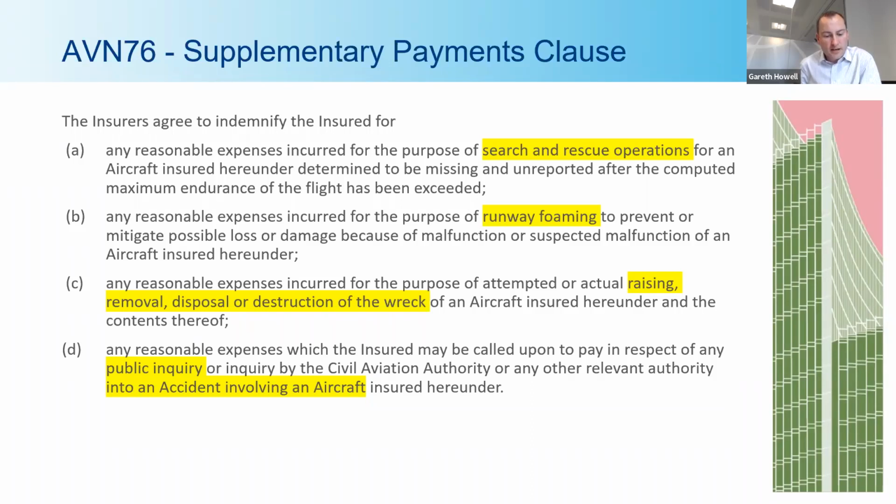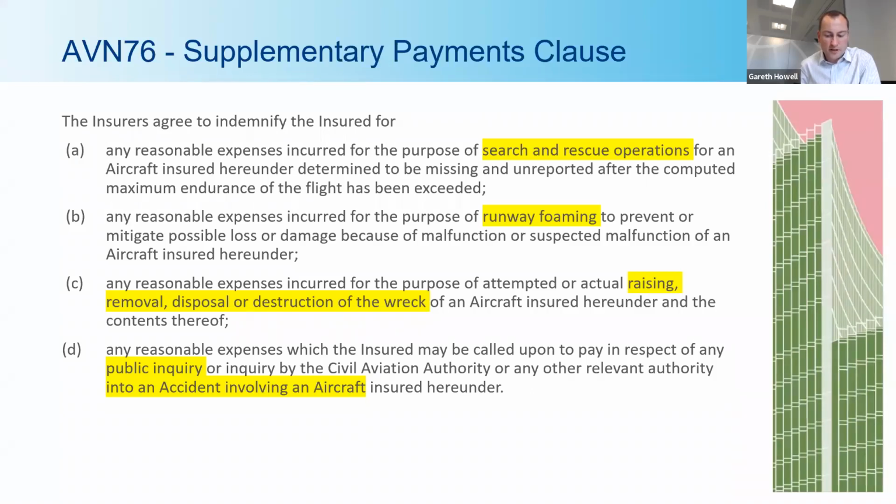But the distinction here is that some of these costs, for example first aid costs and hospital costs, are not necessarily where legal liability attaches. But if the insured is responsible and pays out reasonable expenses for first aid provision immediately after an accident, they can be covered by 76, irrespective of whether the insured would be liable for those under a bodily injury claim that may come after the event.